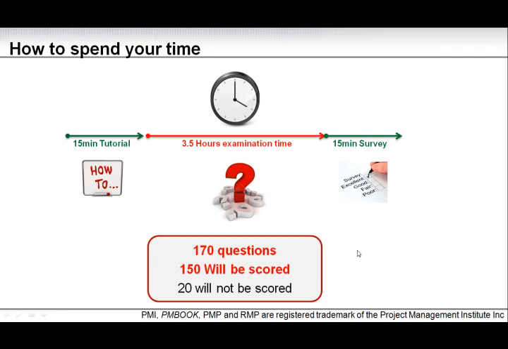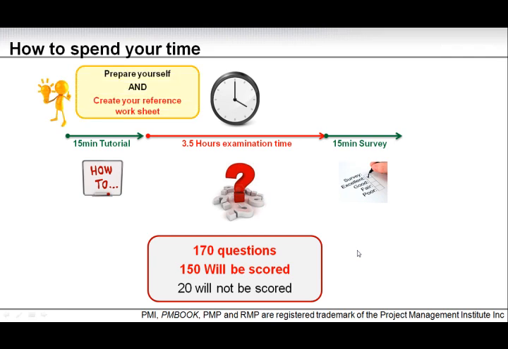It's a very simple application with a button for the calculator and a few navigation buttons. So spend a couple of minutes, 5 minutes if you need, go through, make sure you understand how it works. Do not start your exam, but instead prepare yourself, relax, breathe, whatever you need to do to get mentally prepared and relaxed, and then create your reference worksheets.